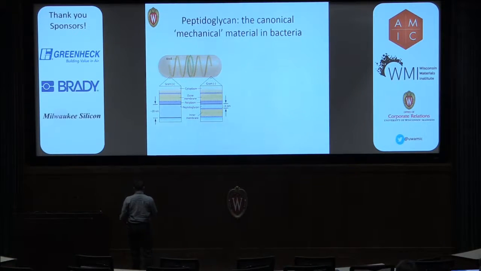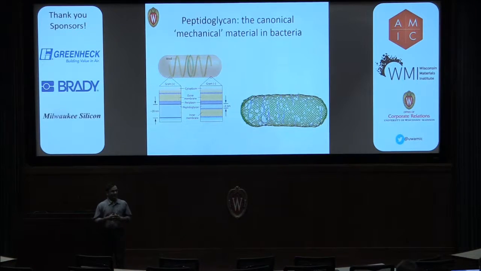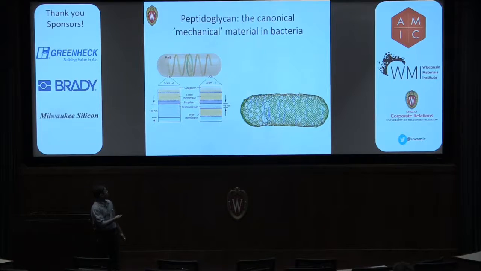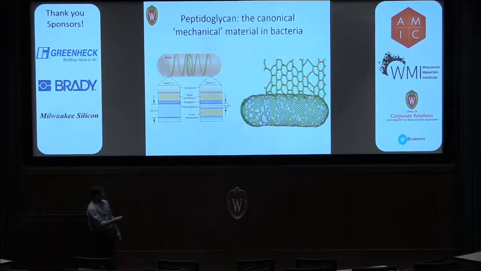There have been studies to model this biopolymer, which is very thin in gram negative and very thick in gram positive. These models suggest that this polymer material is not homogeneous. There are multiple holes through which antibiotics can penetrate in. If we look at the structure of these biopolymers, they are made up of glycan strands, which are in green, and these glycan strands are connected with peptide bonds, which have been shown here in red.